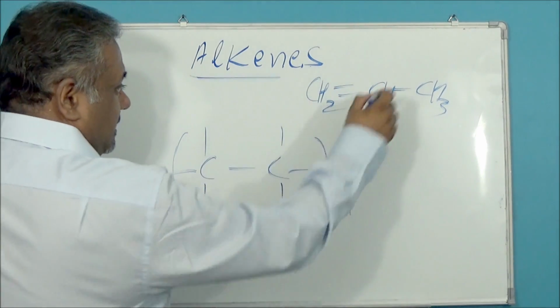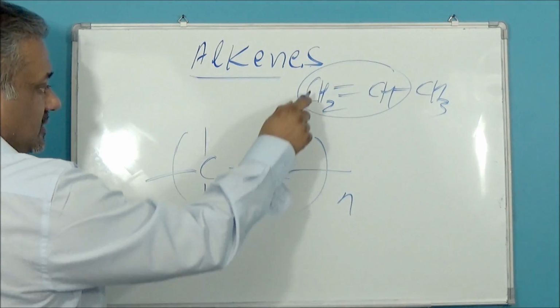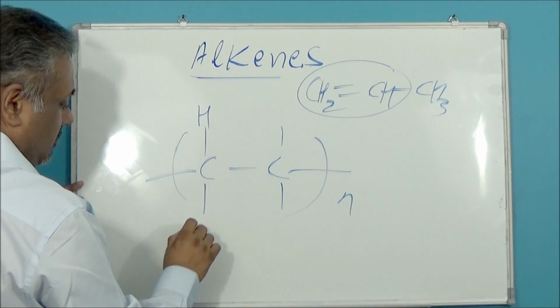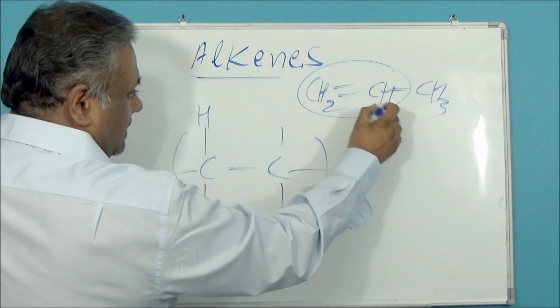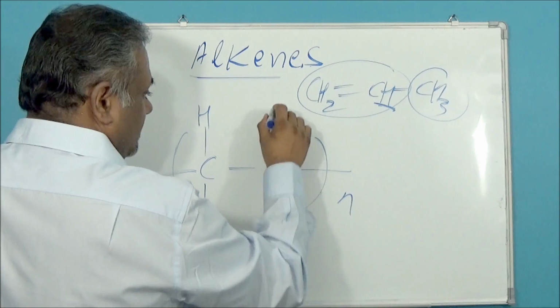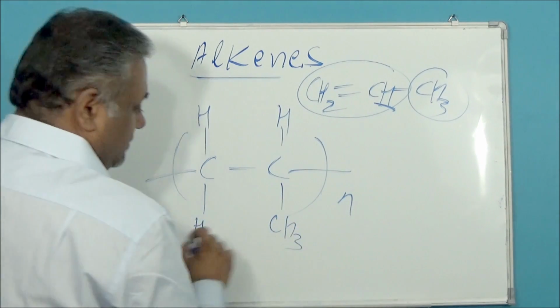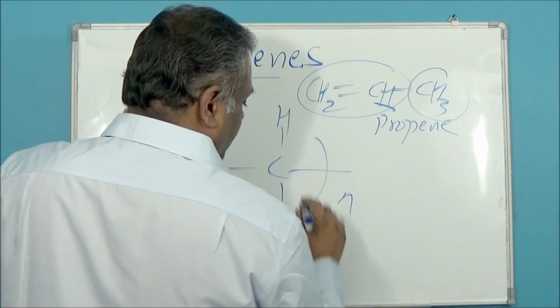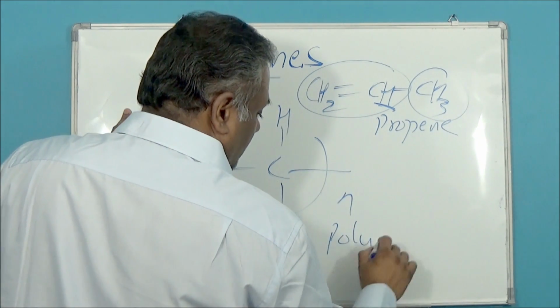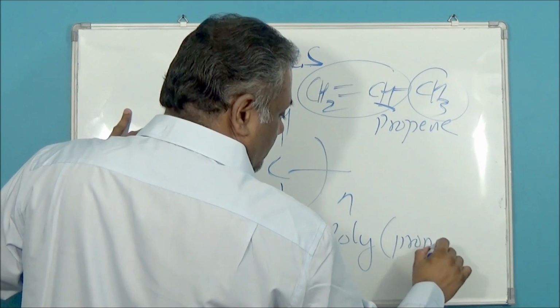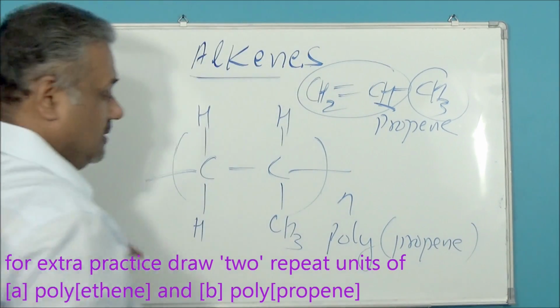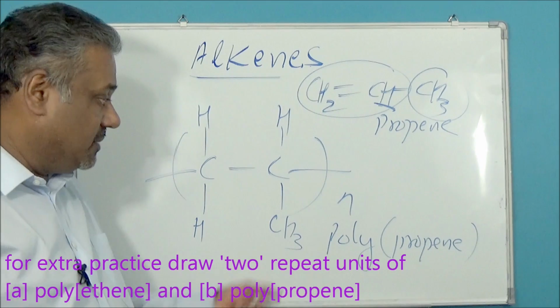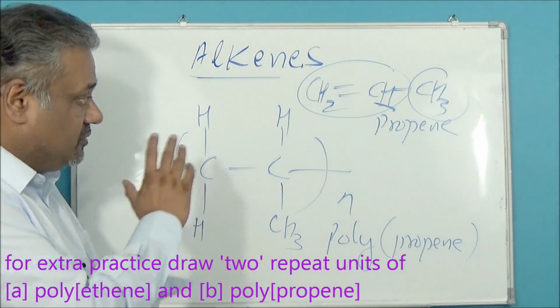The 2 carbons that you see here are these 2 carbons. So this carbon has 2 H's, so put 1 here and 1 here. And this carbon there has an H and a CH3. So this is propene. Now if this is propene, this becomes polypropene. So that's polypropene. This is used for packaging, it's used to make plastic cups. So very useful plastic.